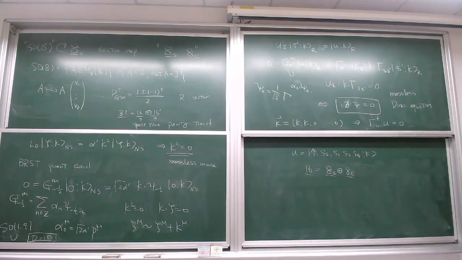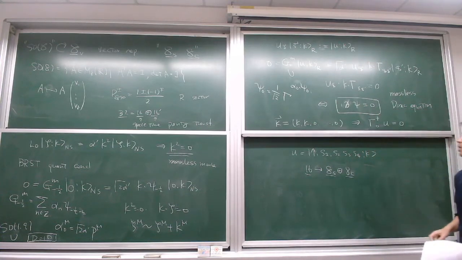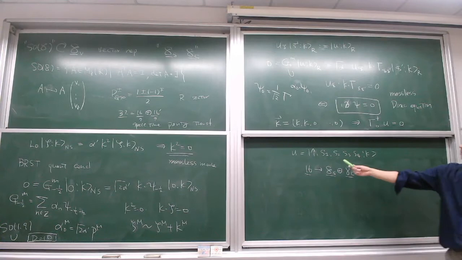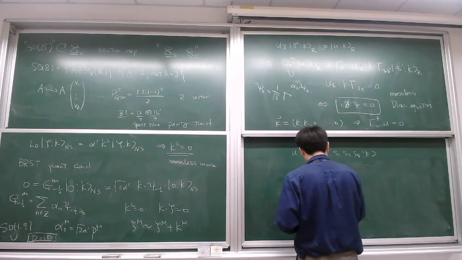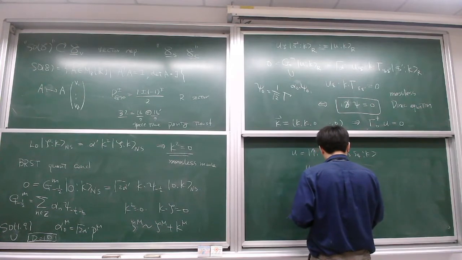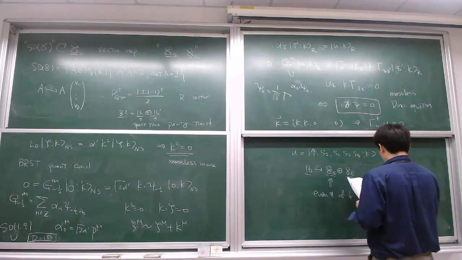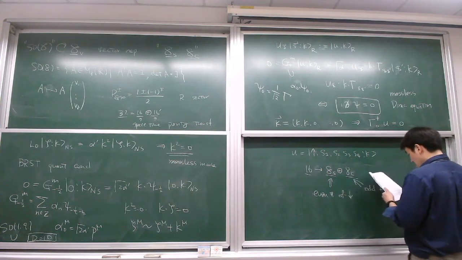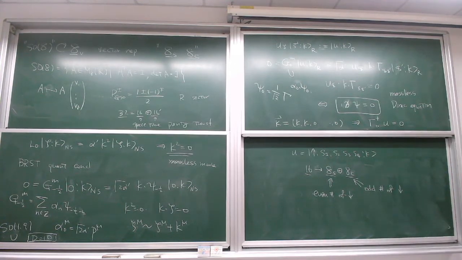So the 16 degeneracy will depend on this. This one I call an even number of down spins, and this is an odd number of down spins. So they decompose into the two irreducible representations, depending on the chirality operator.